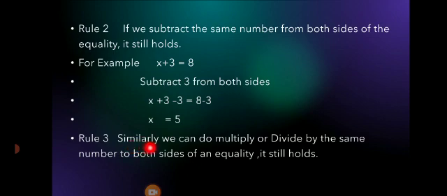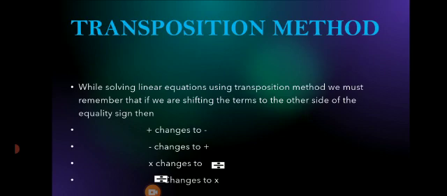Rule 3: similarly, we can multiply or divide both sides of an equality by the same non-zero number, and then it still holds. Now, the next method is the transposition method.